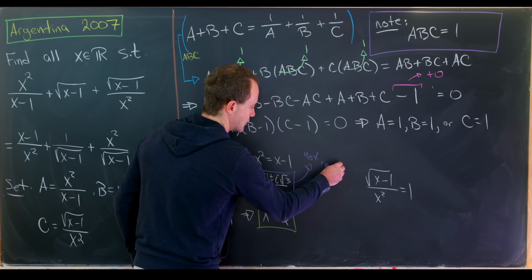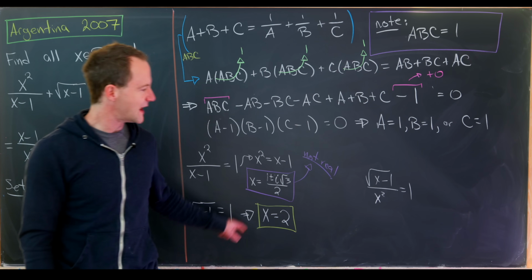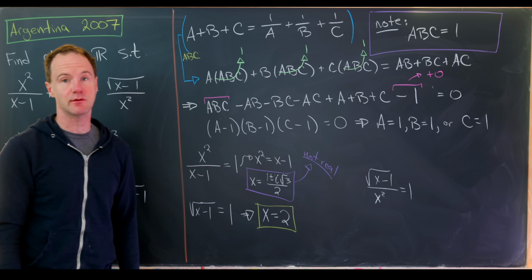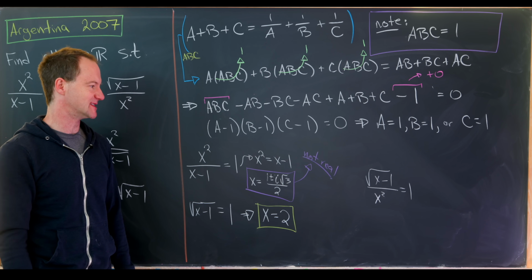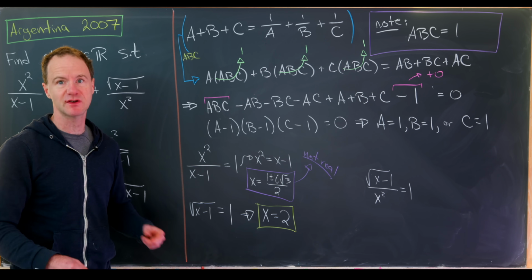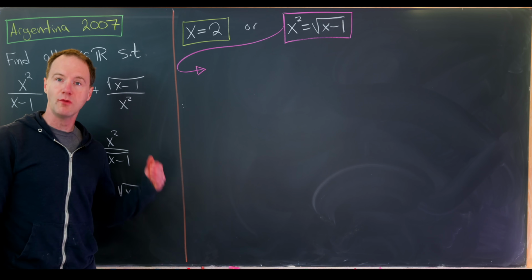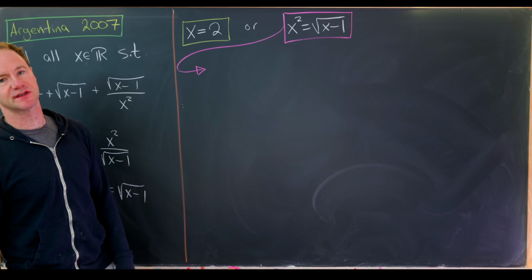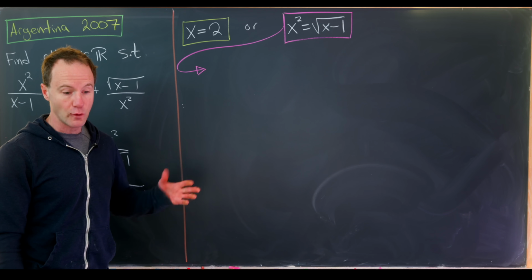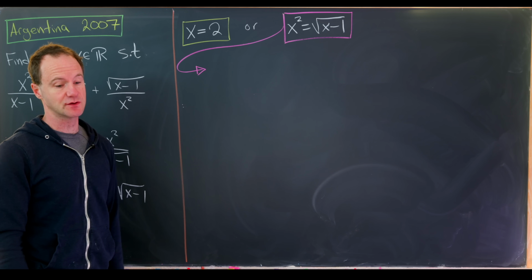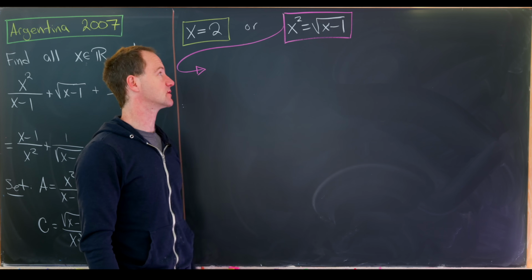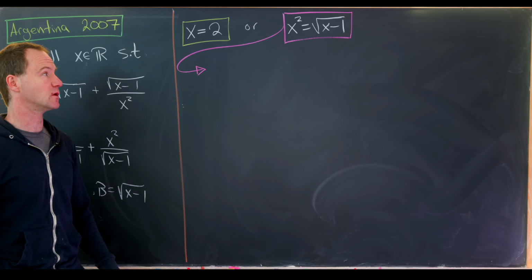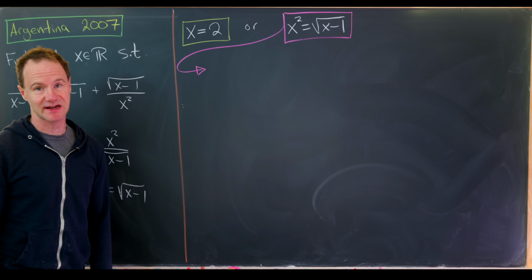So not real. But now we just need to analyze this equation, and we'll show that it also does not have a real solution, but there's a little bit of work to do. So we're almost done finding all of our solutions. We showed that x equals 2 is a solution, and then the only possibility for a real solution at the moment is the solution from x squared equals the square root of x minus 1.